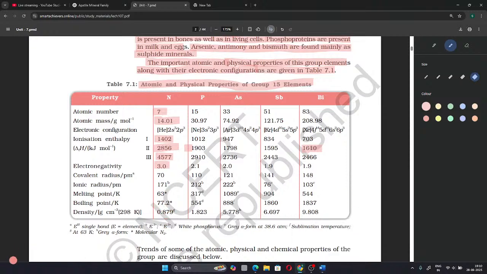The boiling point of nitrogen is 77 Kelvin, phosphorus is 554 and arsenic is 888.